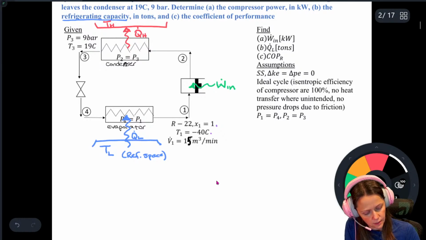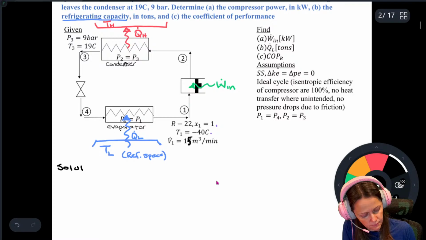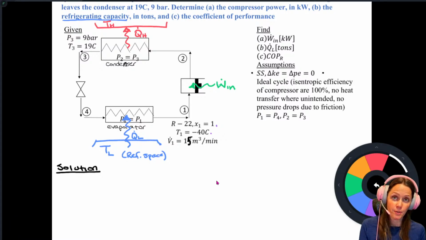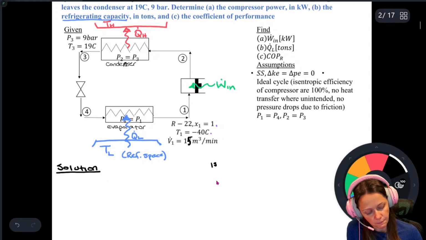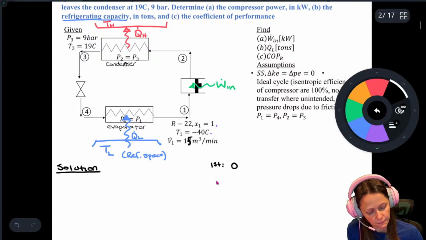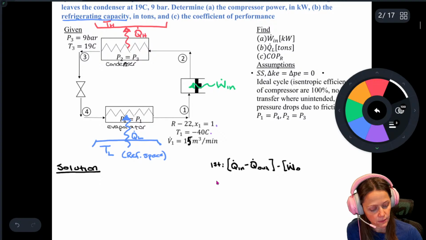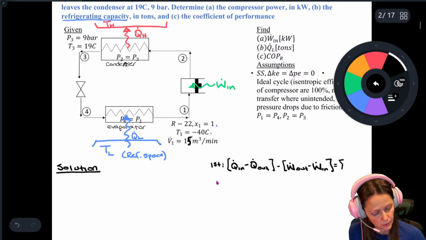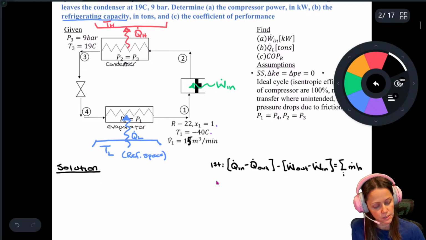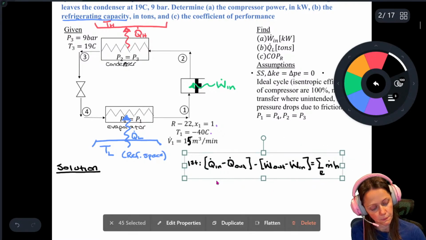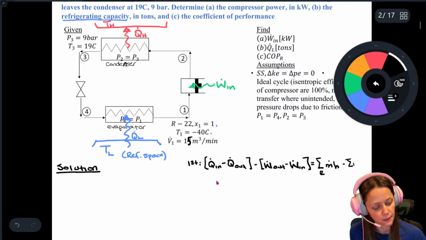All right, so first of all, with these assumptions right here, steady state, kinetic and potential energy changes negligible, your first law in general is going to be Q dot in minus Q dot out minus W dot out plus W dot in equals the sum of the m dot h's going out minus the sum of the m dot h's going in.